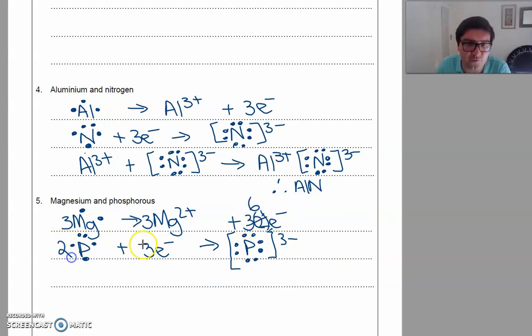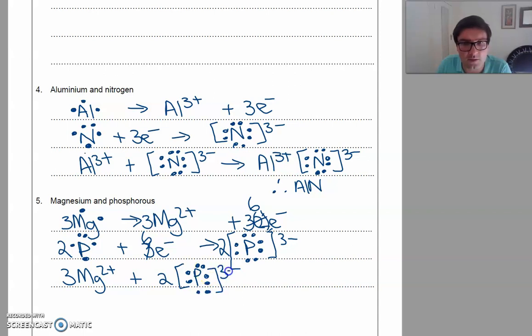And then we need 2 phosphorus atoms, which will accept 6 electrons to form 2 phosphide ions. So our net equation is 3 magnesium ions plus 2 phosphide ions, which forms our magnesium phosphide.